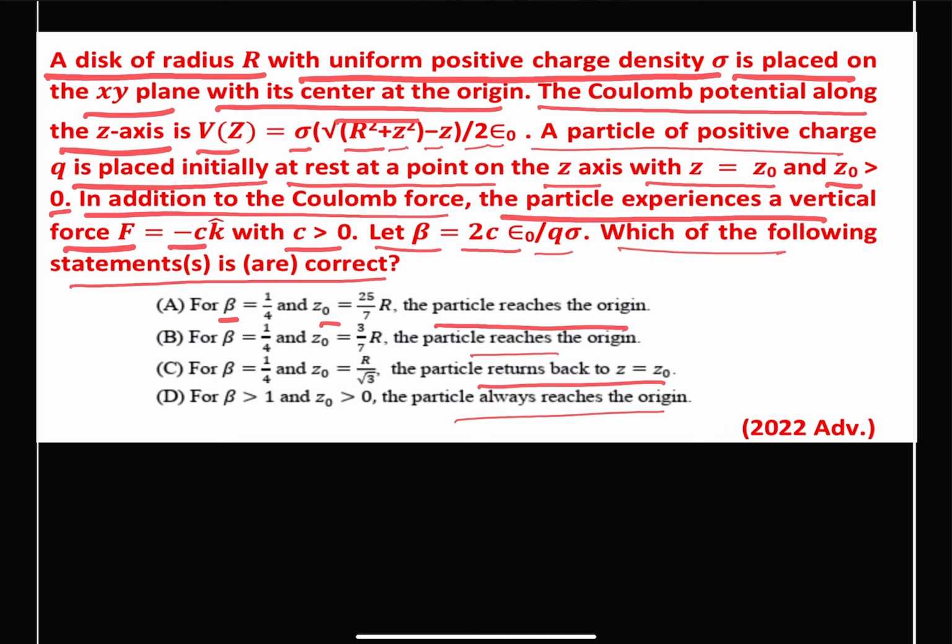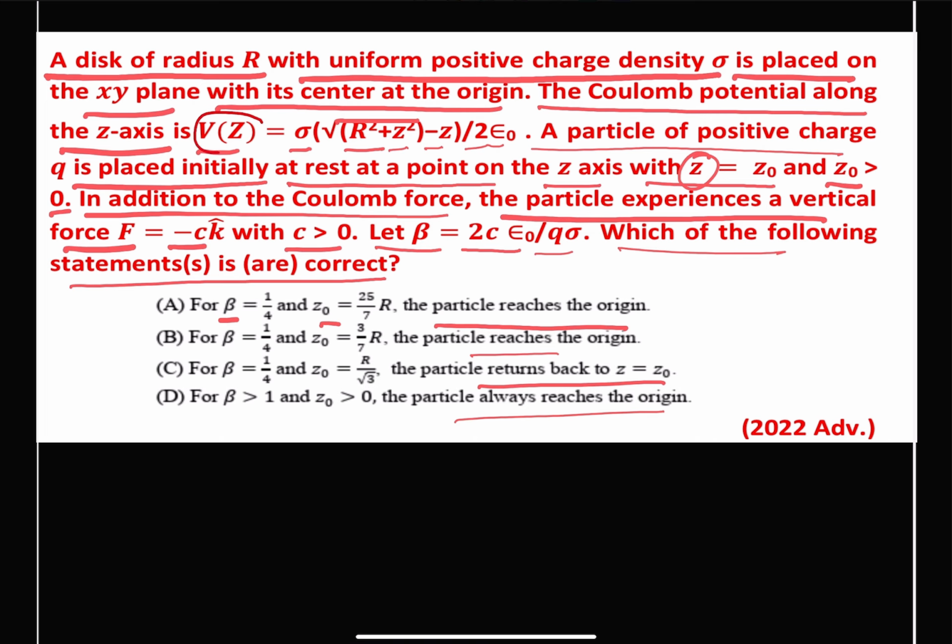The particle is placed at the position of our z. So it is going to have energy because of its position, which we can also call potential energy, and it is also going to have energy because of this potential difference.